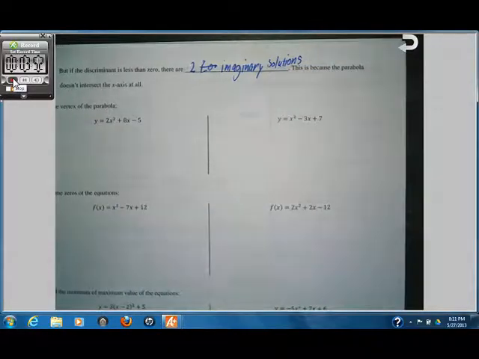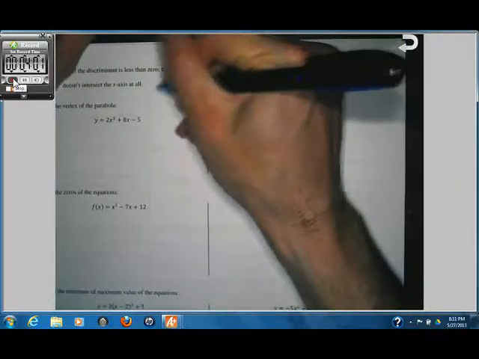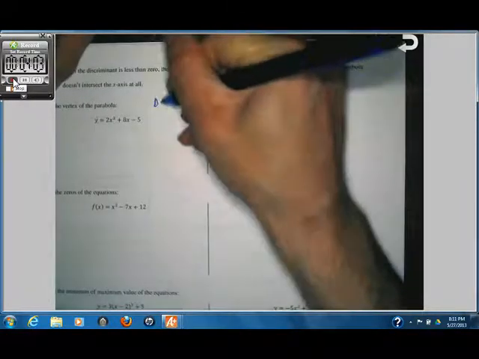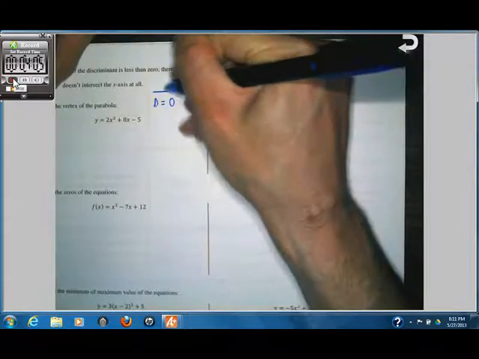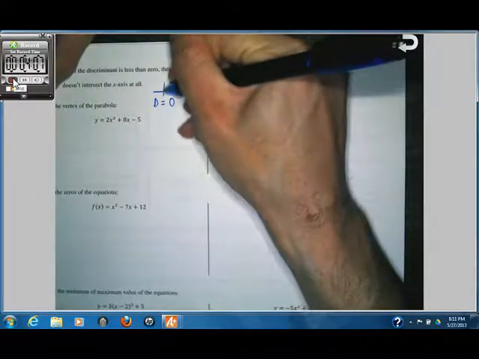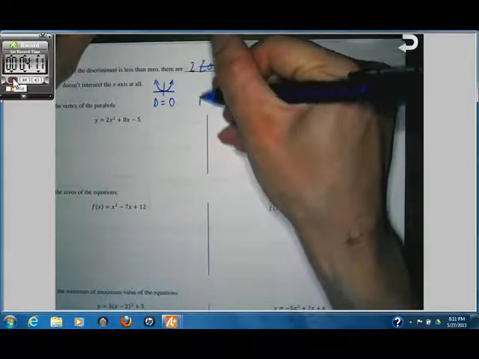And so if I could sketch this for you, if your discriminant is equal to 0, it would look something like this, where it hits the axis and bounces up. If the discriminant was greater than 0, it would look something like this, where it hits the axis in two places.